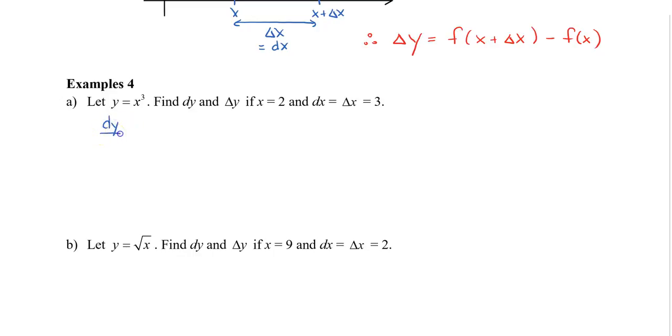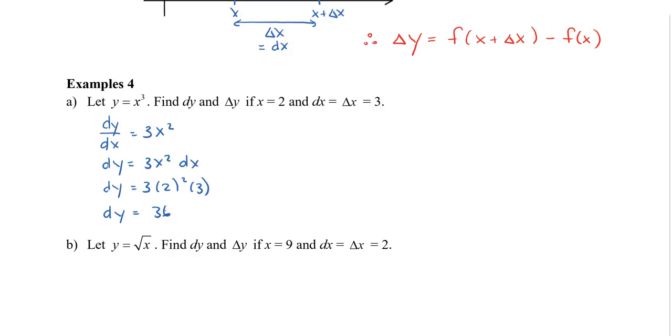If you think of it as dy dx equal to 3x squared, then we can say that dy is equal to 3x squared times dx. So dy is equal to 3 times 2 squared, and dx is also equal to 3 here. We multiply all of that together, and we get 36.